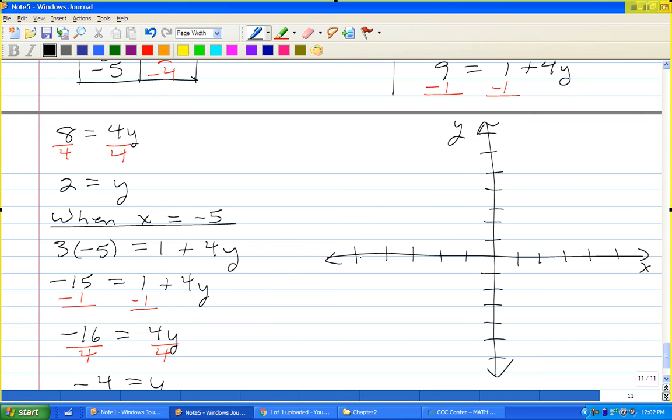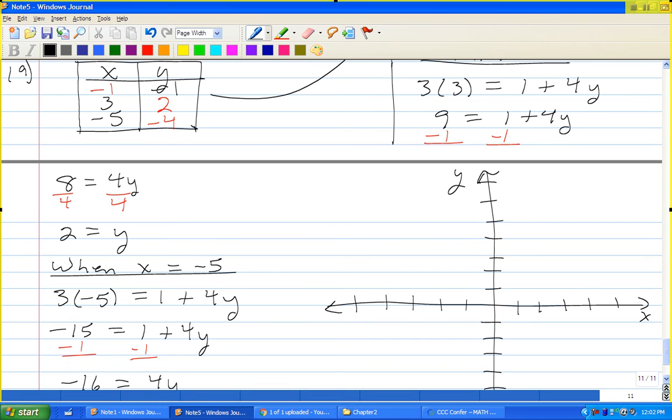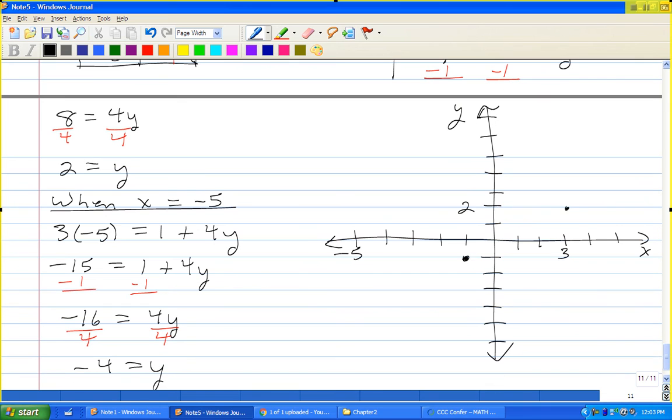Okay, so let's see. When x is negative 1, y is negative 1. When x is 3, y is 2. When x is negative 5, y is negative 4.